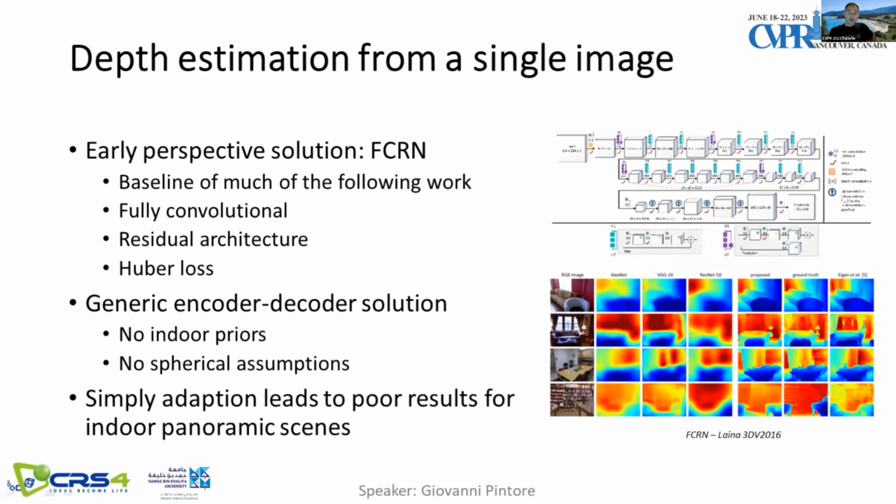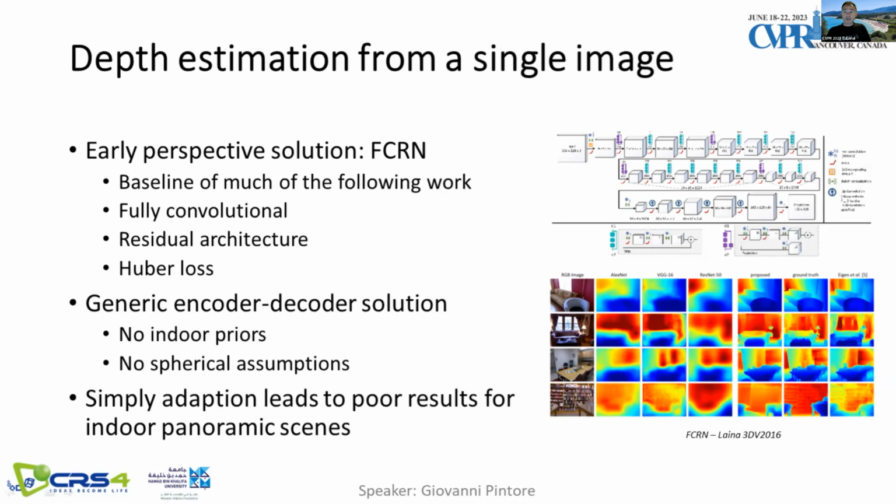One of the first papers to approach the depth estimation problem was FCRN. This work targeted monocular images, perspective camera images. So it is now the most widely used baseline, even for later work as well.